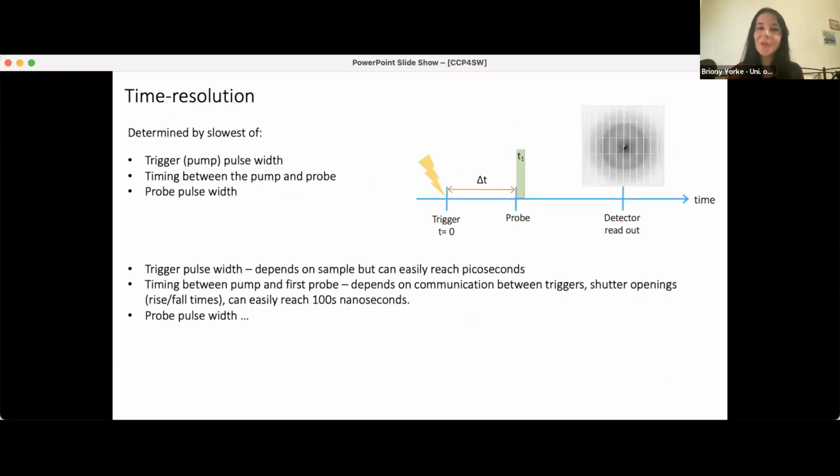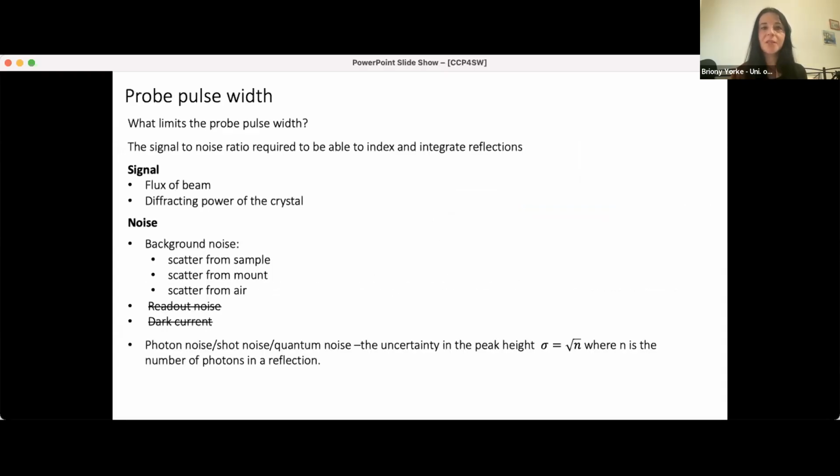So one thing that we're trying to improve is our time resolution at the synchrotron. The time resolution is determined by the slowest of either our trigger, the electronics communication we have, timing between the pump and the probe, or most importantly for our experiments, the probe pulse width. The probe pulse width is really limited by the signal to noise ratio of our diffraction images.